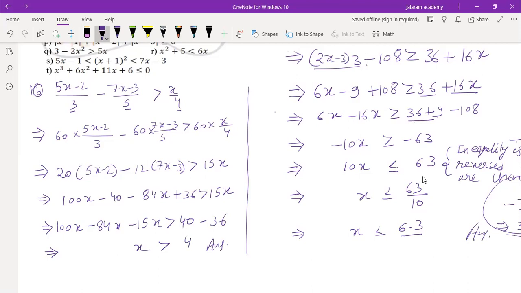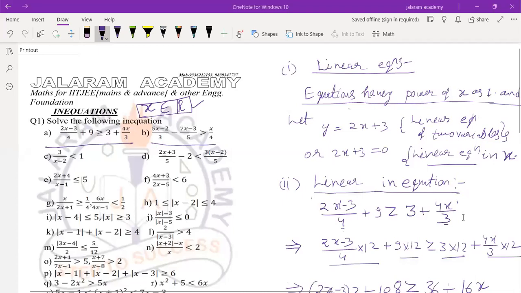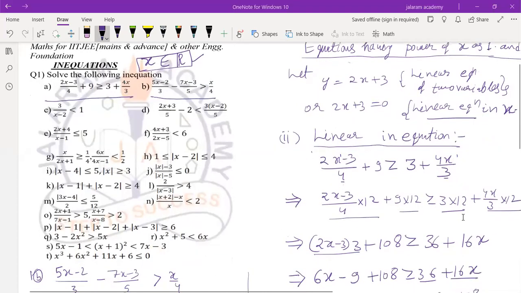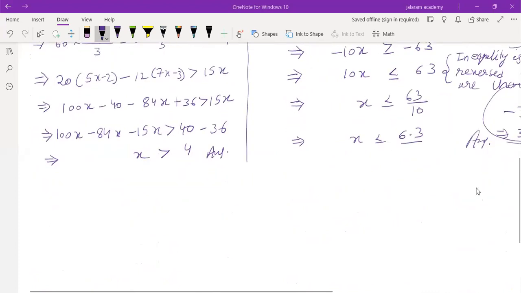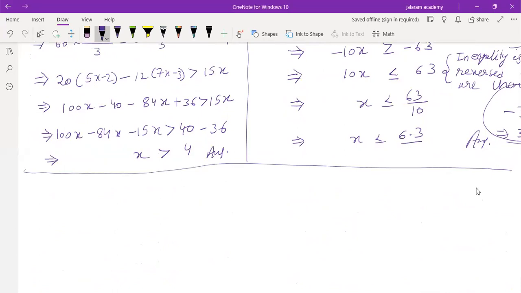Yes, sir. So what is the answer of question number 1C? Sir, x is greater than 5.